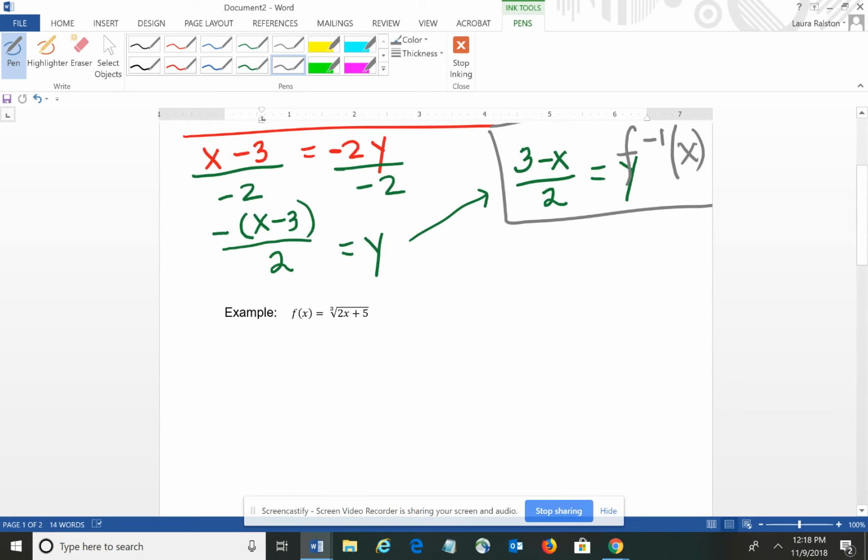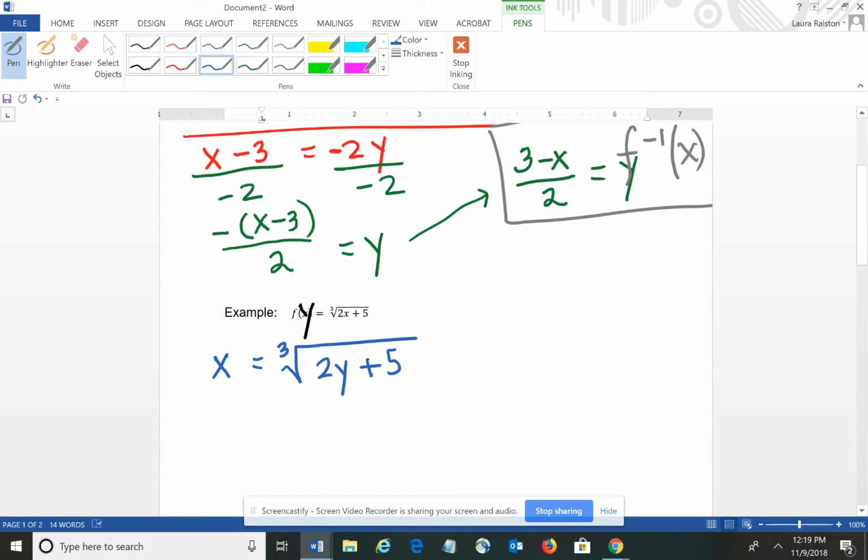Okay. The second example is f of x equals the cube root of 2x plus 5. Again, the first thing we want to do, remember that f of x is the same thing as y. We're going to interchange x and y. So if I do that, I would have x equals the cube root of 2y plus 5.